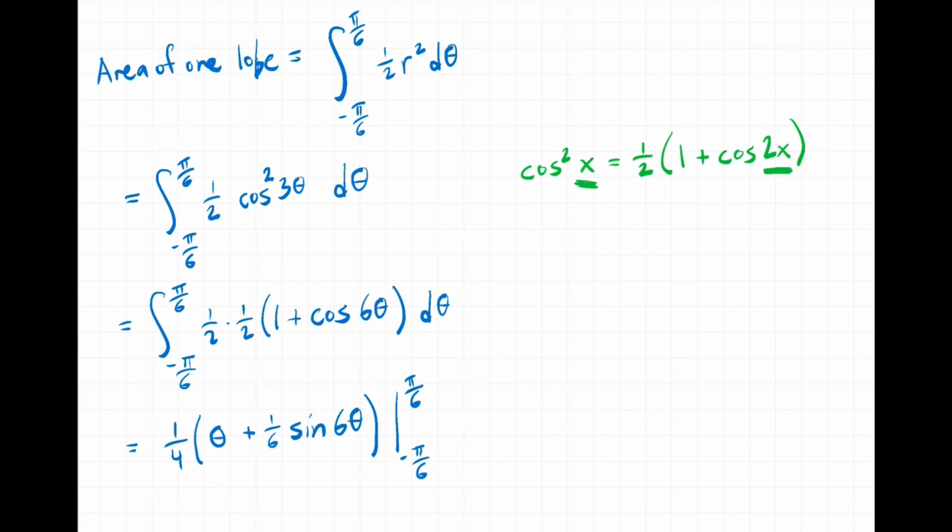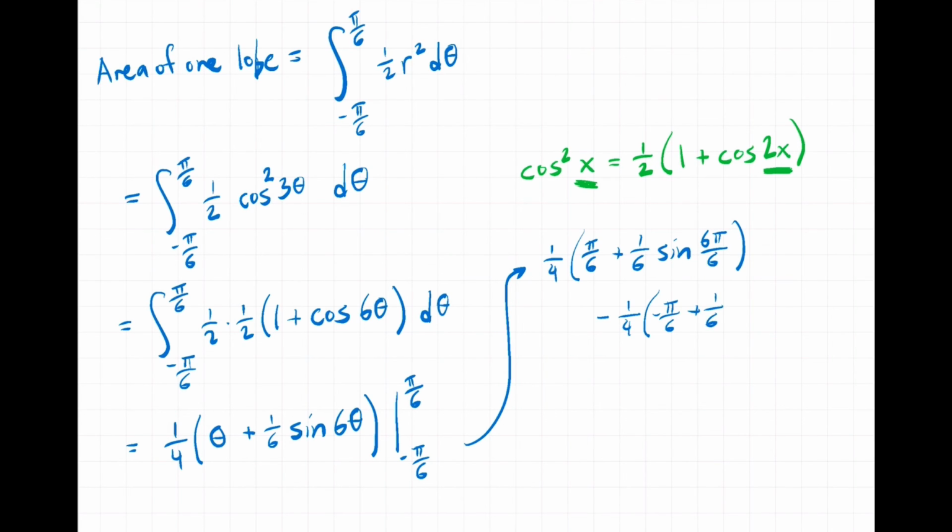So let's just work this out here. Plug in our bounds. We've got 1/4 of theta, which is pi over 6, plus 1/6 sine of 6 pi over 6, minus 1/4 of negative pi over 6 plus 1/6 sine of negative 6 pi over 6.